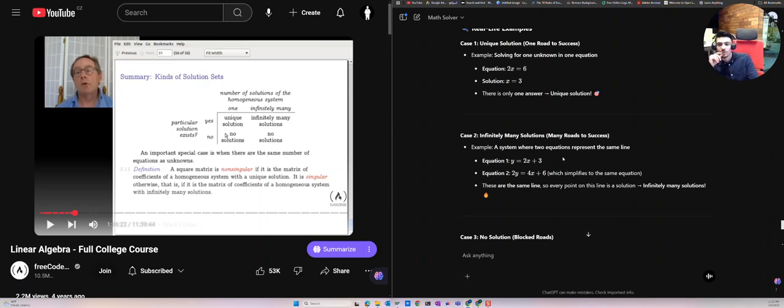Example: a system where two equations represent the same line, y equals 2x plus 3 and 2y equals 4x plus 6, which simplifies to the same equation. These are the same line, so every point on this line is a solution. Infinitely many solutions.